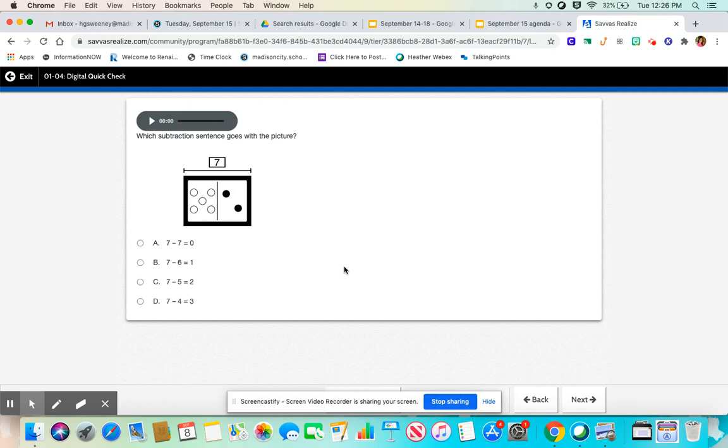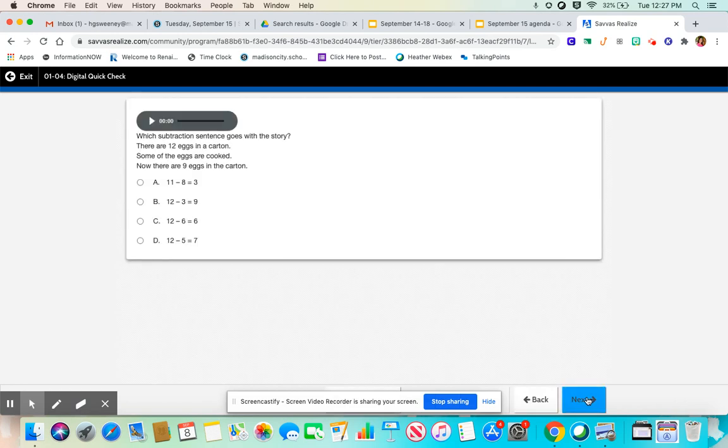Okay. Now, you should have selected C. The whole is 7, so we start with 7. Minus 5, which is in the first part, equals 2 left behind. C.